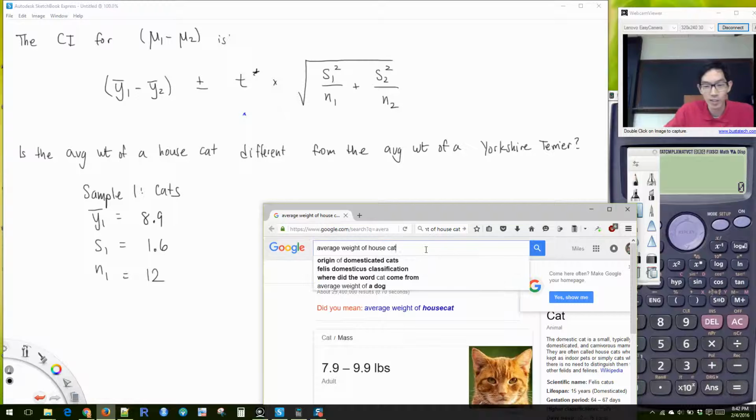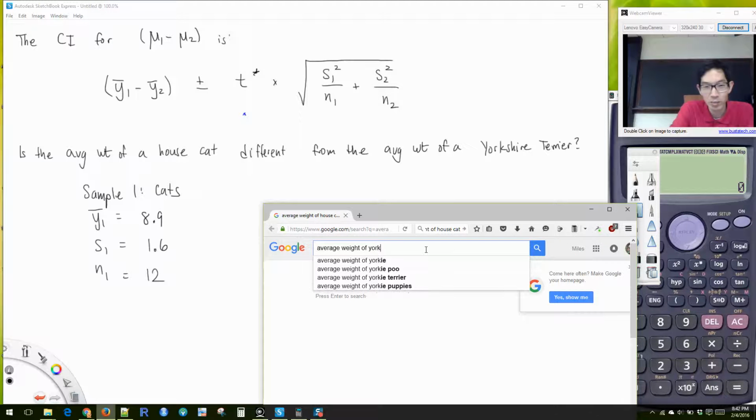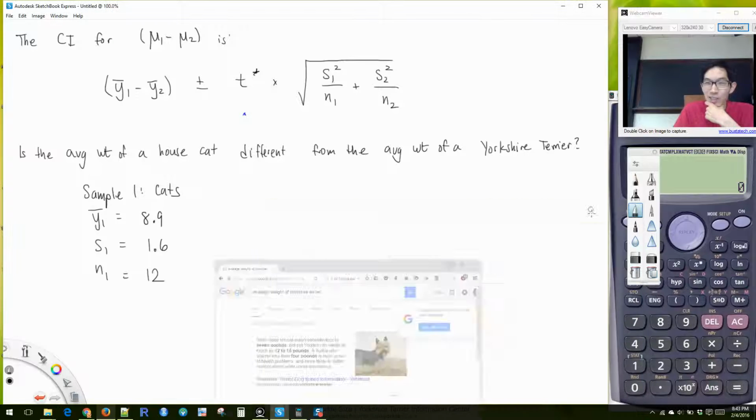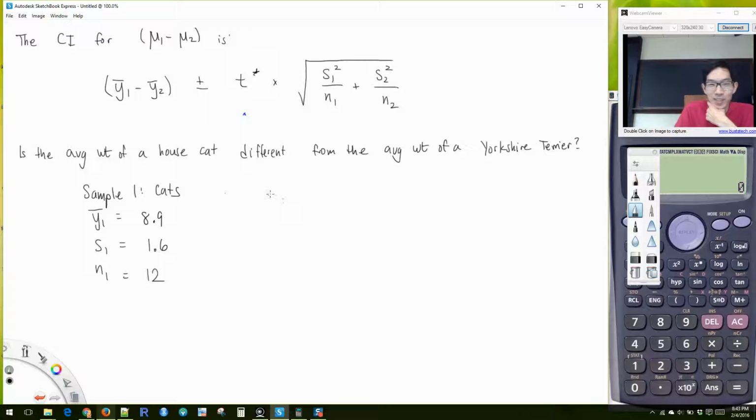Average weight of a Yorkie. Is that the same thing? But can weigh as much as 12. Show dogs should weigh between 4 to 7, but pets can weigh between 12 and 15. Well, that's troublesome. Okay, so we'll say sample 2 will be the Yorkies.